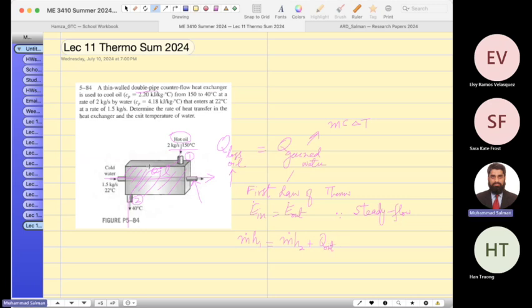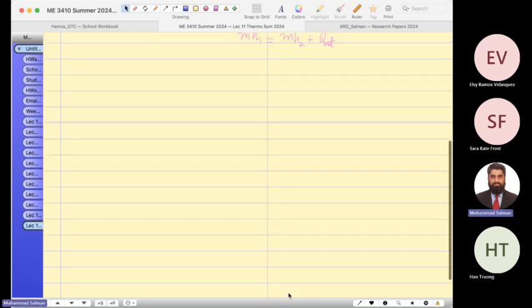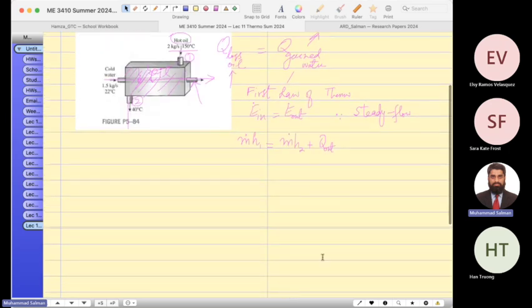The heat is lost to the water, and water increases its heat. So we are interested in this heat loss, Q dot out. Q dot out equals m dot times (h1 minus h2).